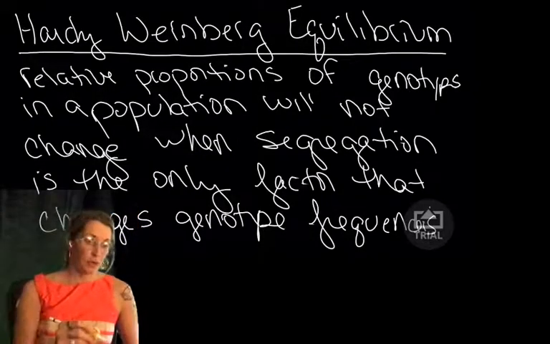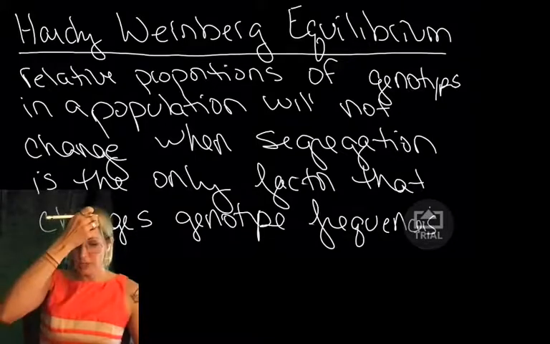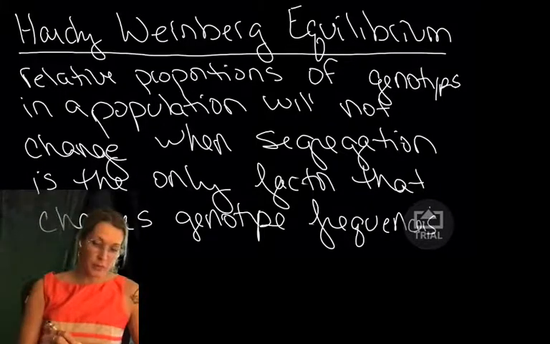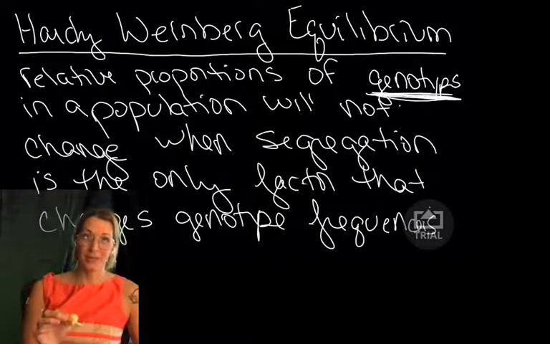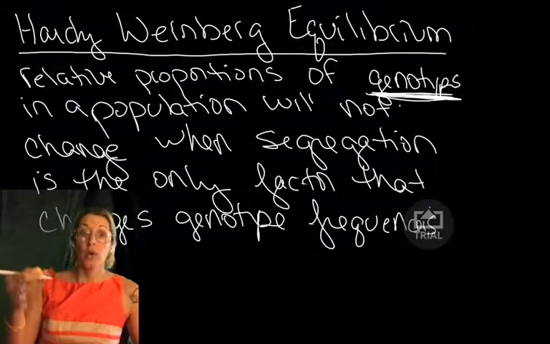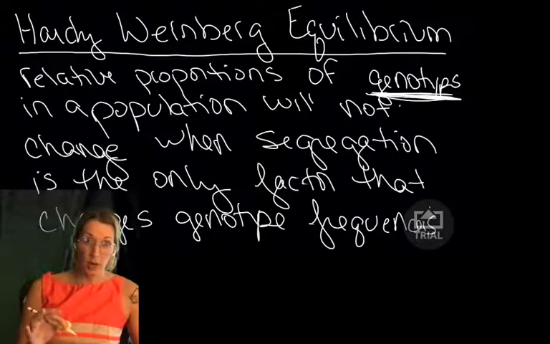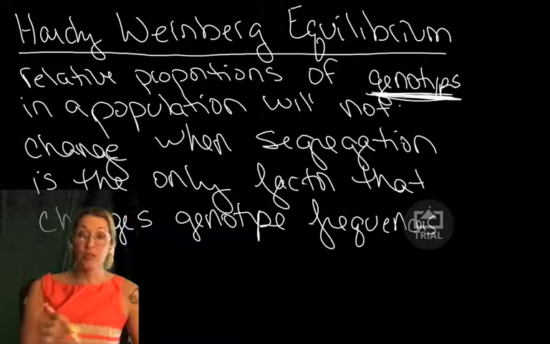Okay, so you might be thinking, but wait, we were just talking about alleles, which we were. So why does this say genotypes? The reason that it says genotypes is because when a population has reached Hardy-Weinberg equilibrium, that's when the relative proportions of the genotypes aren't going to change.